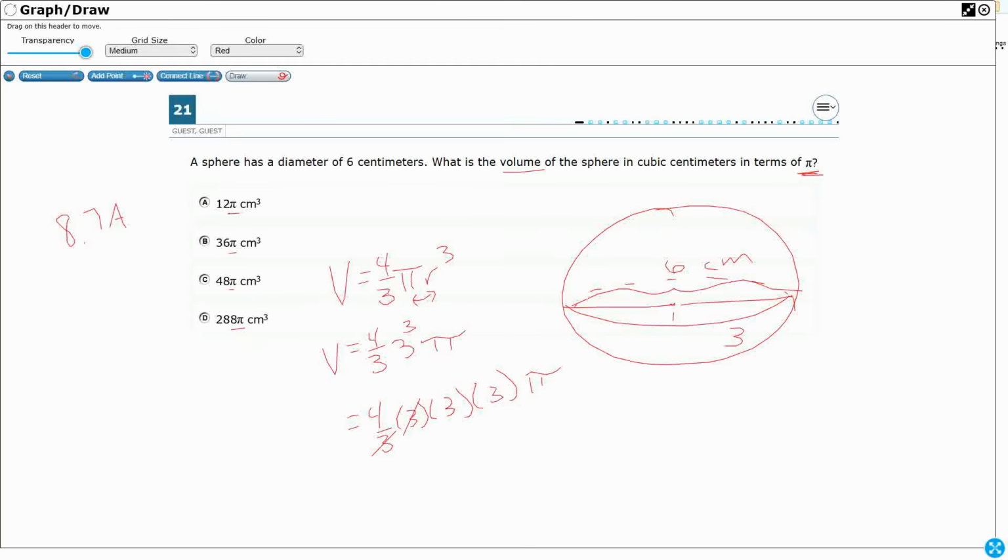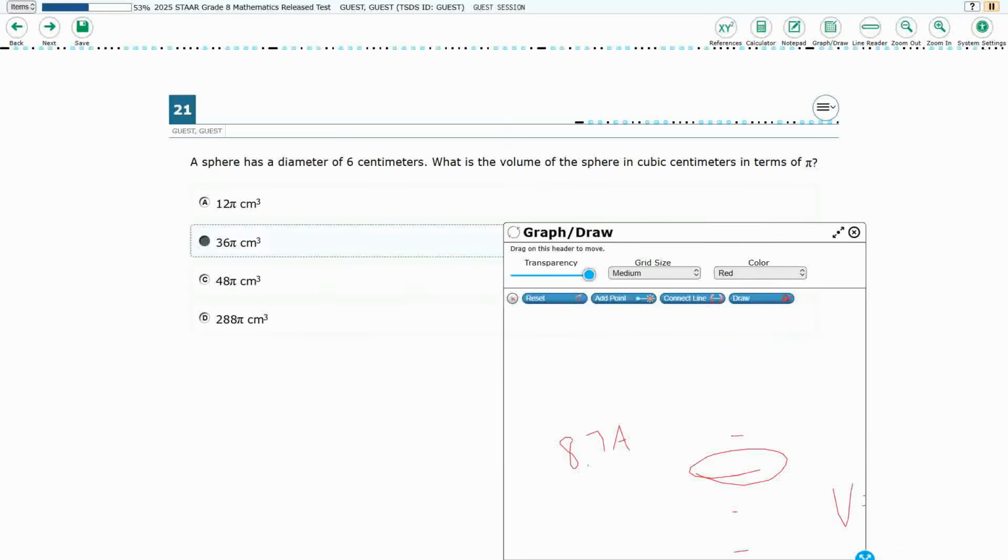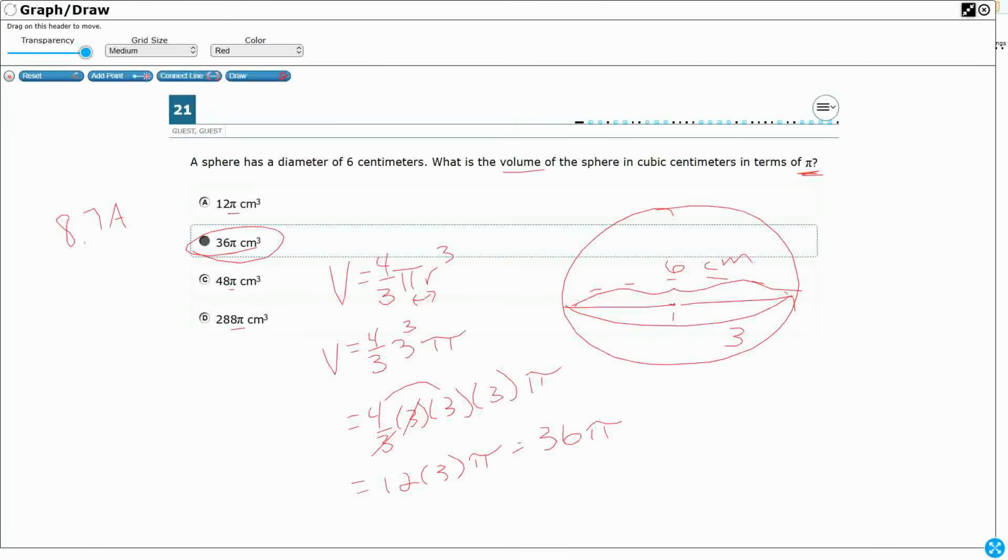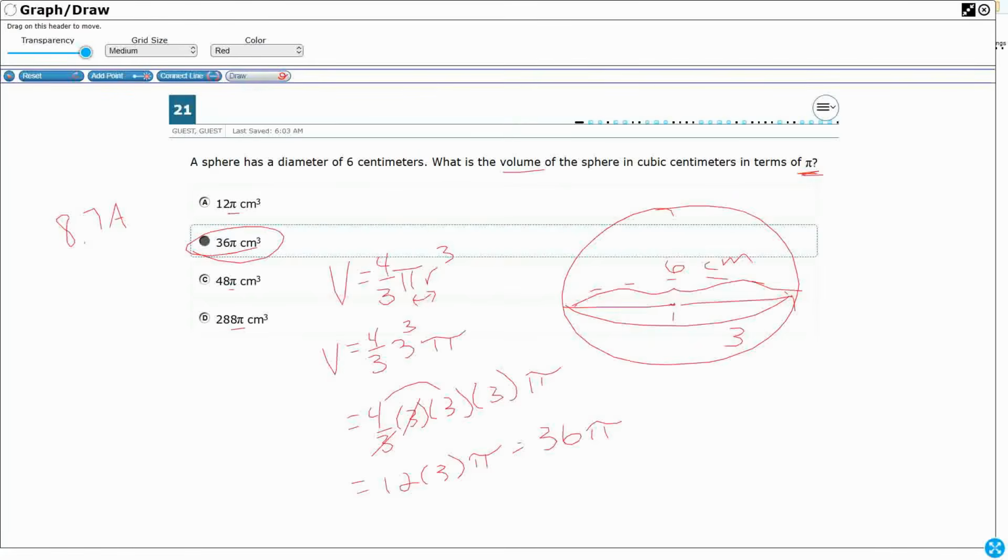So the two threes cancel out, which means I've just got 4 times 3 times 3 times pi. I can do that in my head. So 4 times 3 makes 12 times 3 pi. That's going to equal 36 pi. And we don't need to get an actual estimate because we can keep the pi right there. Our answer is going to be B, 36 pi cubic centimeters.